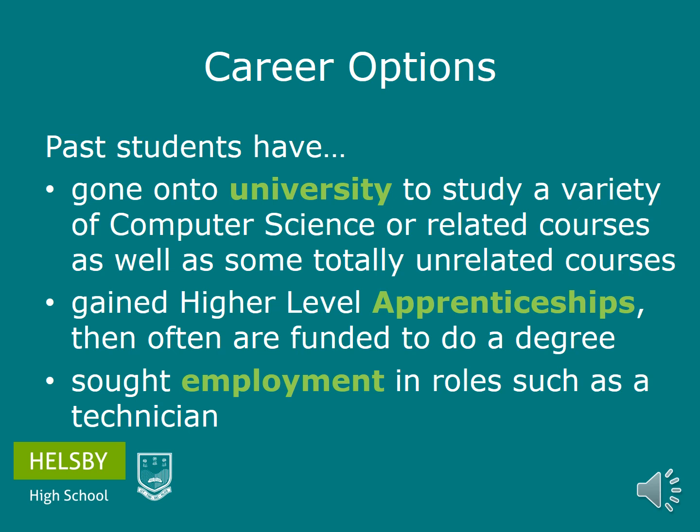We have students who've gone on to do higher level apprenticeships who realised that studying is not for them after their A-levels, and who've decided that they would like to do an apprenticeship, so they're in the world of work whilst also gaining qualifications, and quite often they're funded to do a degree. And we also have other students who've gone straight from sixth form to gain employment in roles such as a technician or supporting some form of technology in a variety of areas.